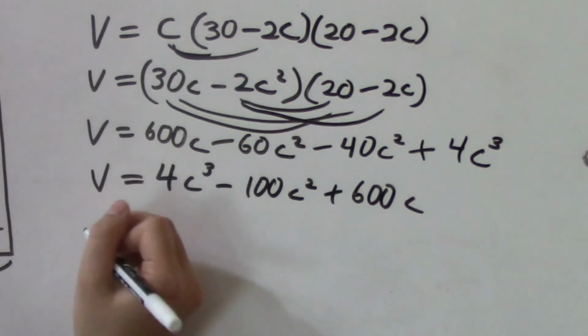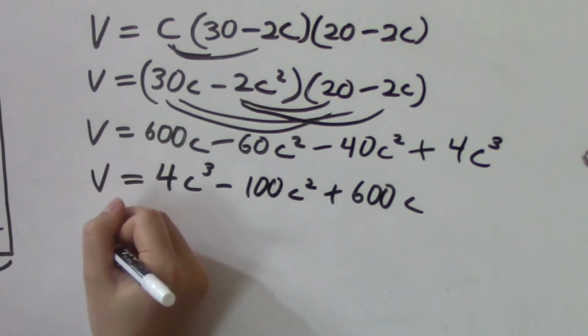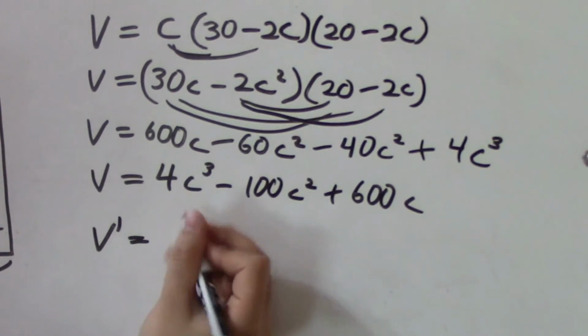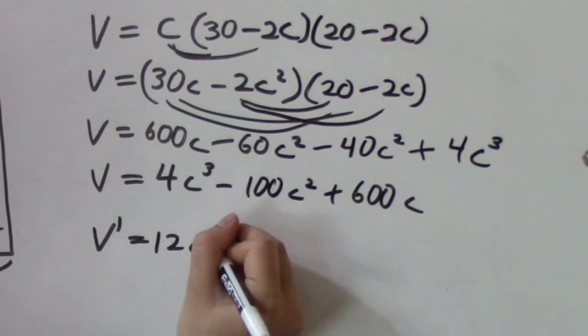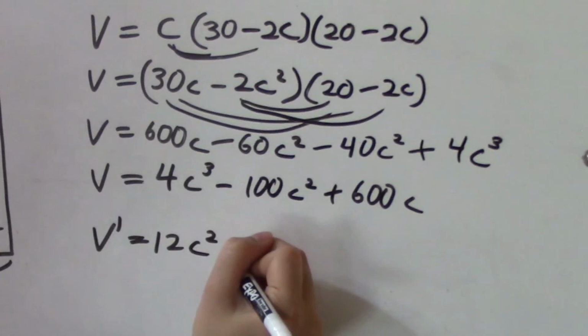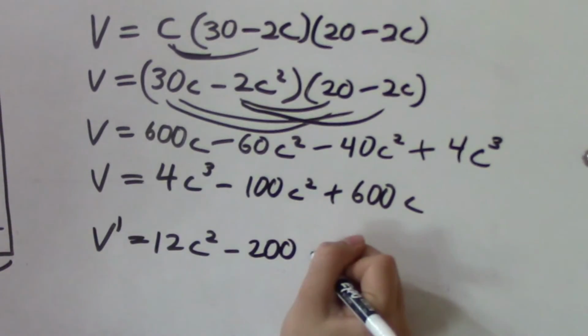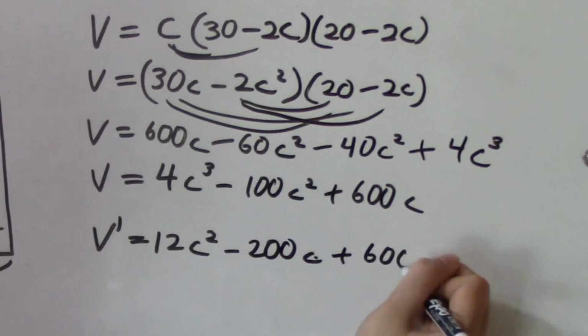Now we will find the first derivative to find the critical point. V prime will equal 3 times 4, 12C squared minus 2 times 100 is 200C plus 600.